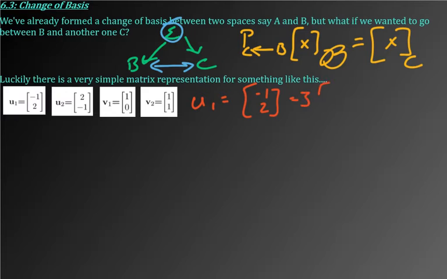This equals 3 of (1, 0), which is V1, plus 2 of (1, 1), which you could get with just matrix operations, like set up a 2 by 3 matrix and figure that out. And so it's saying that U1 is -3 V1 plus 2 V2, okay?